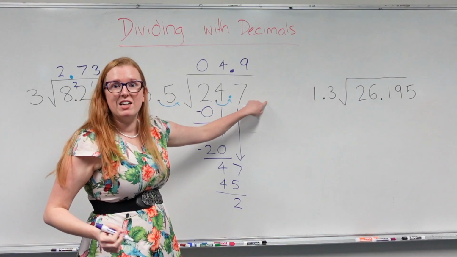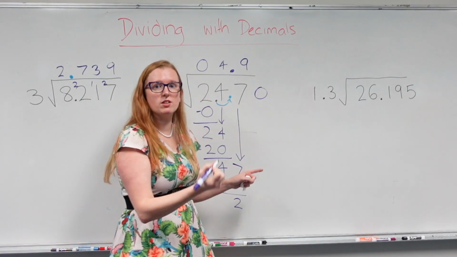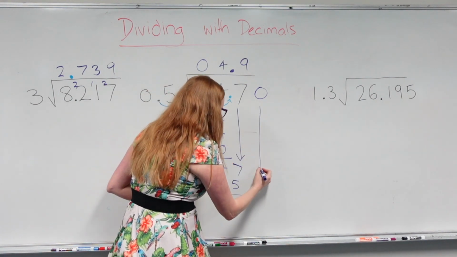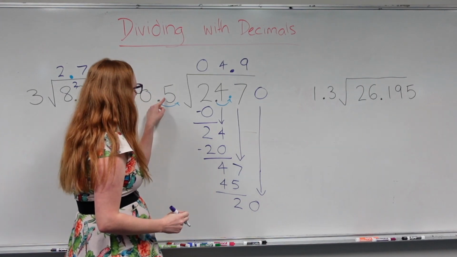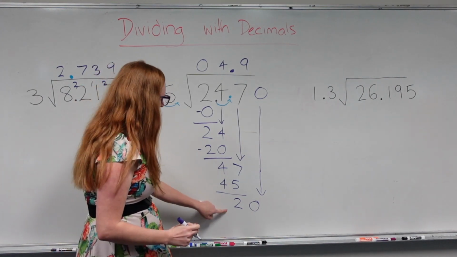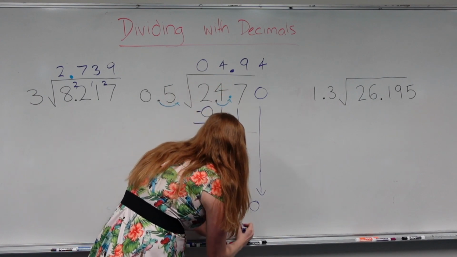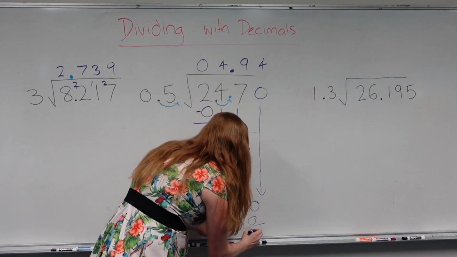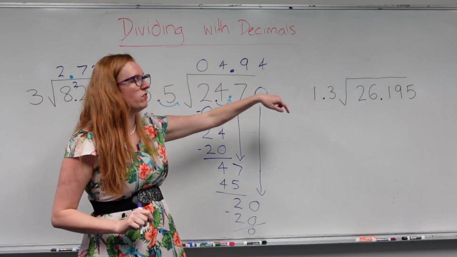Now I've run out of numbers here, so remember all numbers have infinite zeros on the end, so I can bring that 0 down and turn this into the number 20. So how many 5's go into 20? It'll be 4. Because 5 4's are 20, which means I have 0 left over. So it means our answer is 4.94.